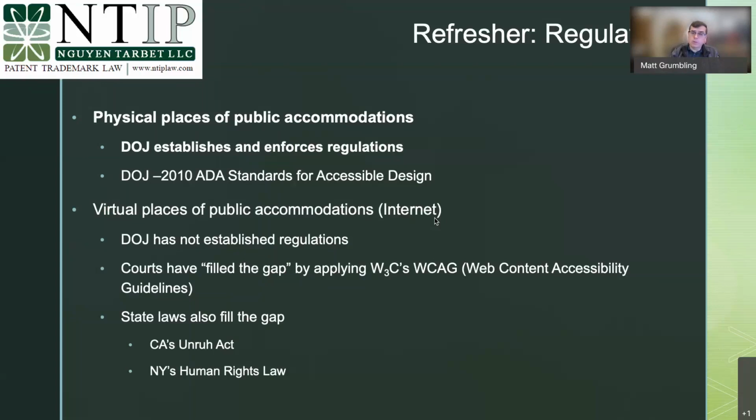And even if they don't, they may apply a common law standard that is very close to California's and New York's. So you may find that even though there's no particular law on the books, there may be a broad civil rights law that they might apply, taking notice of, say, California's application of the Unruh Act, something like that. So these are things you have to keep an eye on.